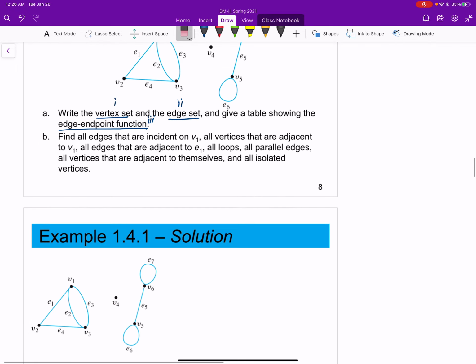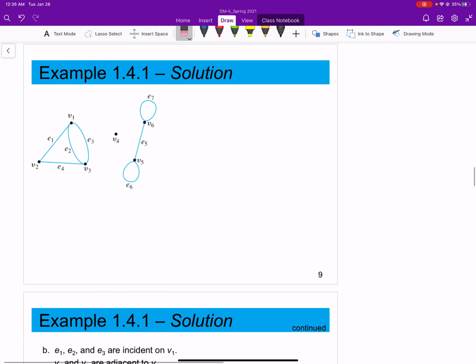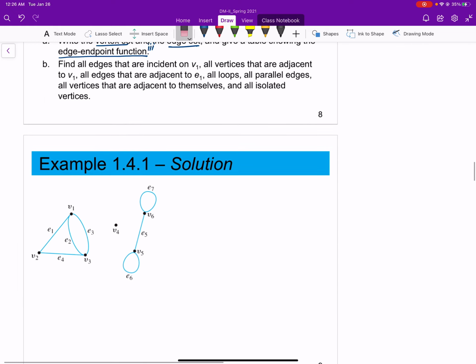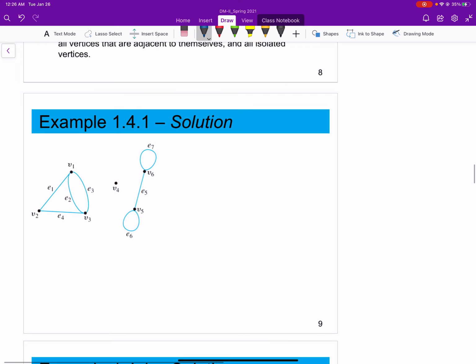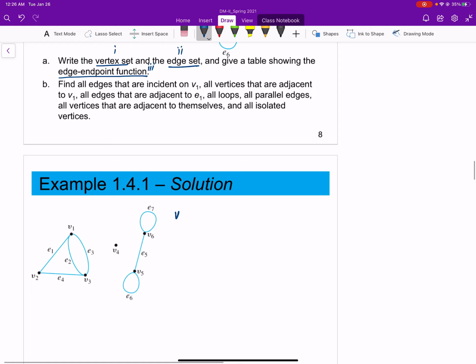You have to find the vertex set in each case. First write the vertex set. Now I'm going to tell you something.